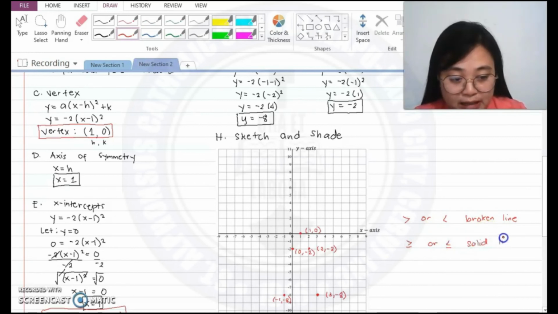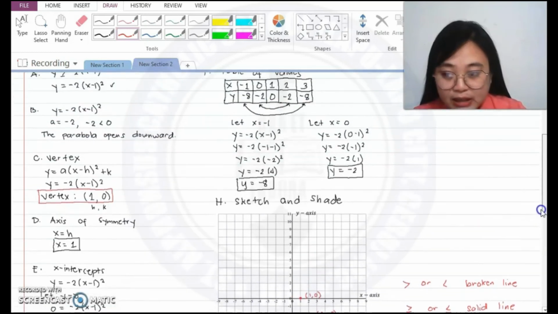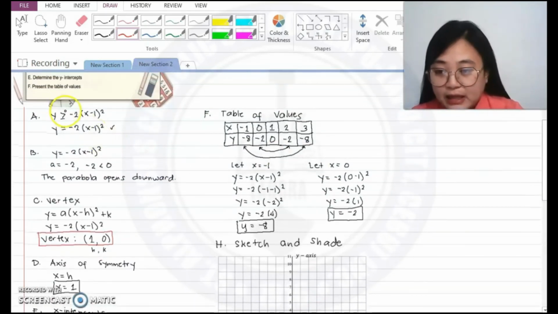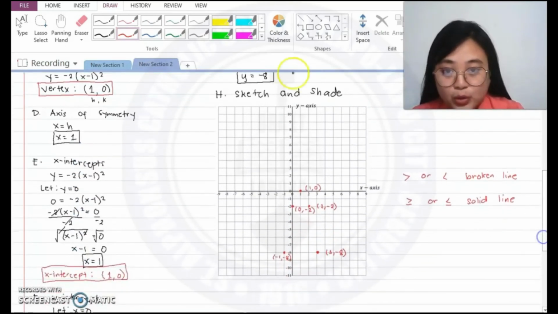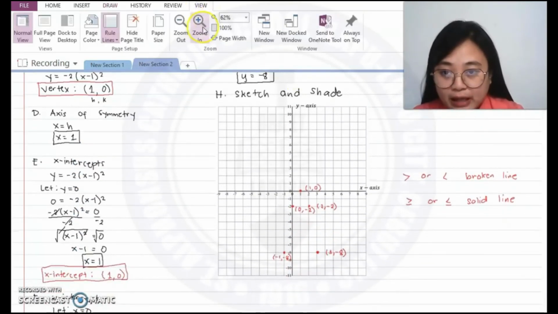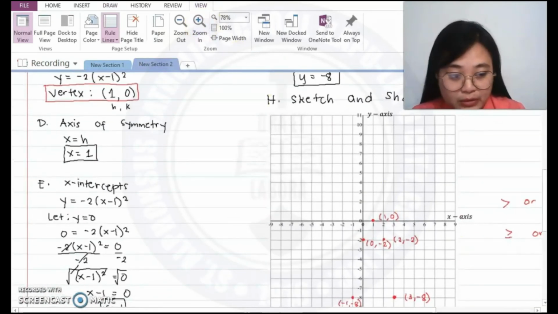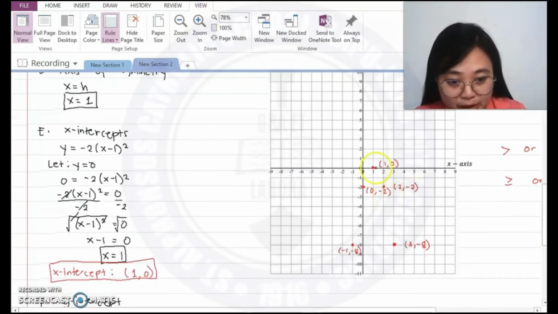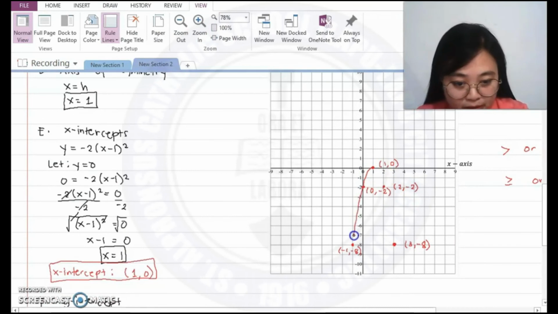And in this example, the given is greater than or equal to. Therefore, we're going to connect the points using a solid line. So, connect the points and continue until the end of the graph, then put arrowheads.